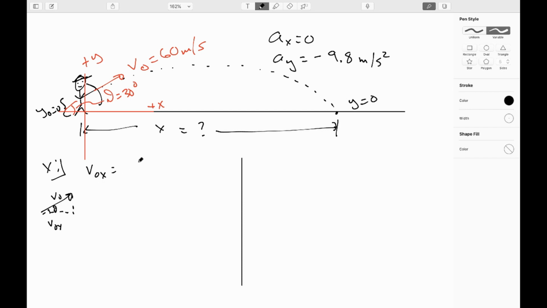So that's my angle theta. v naught x will be equal to v naught times the cosine of our launch angle. By the same token, we can work out that v naught y, because we will, spoiler alert, need to go to the land of y, v naught y will be v naught sine theta.